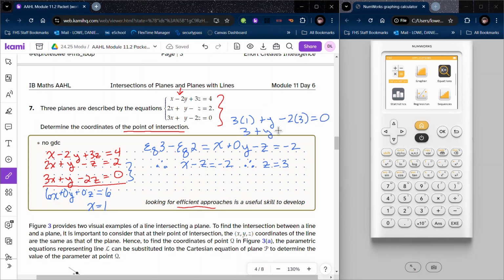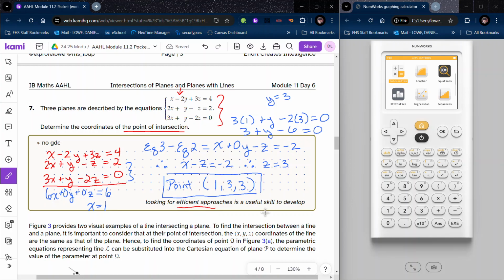So 3 plus y minus 6 must be equal to 0. So I know that y must be equal to 3. So I have a point, and I'll use parentheses for a point. So I have the point (1, 3, 3) as the coordinate of the point of intersection.